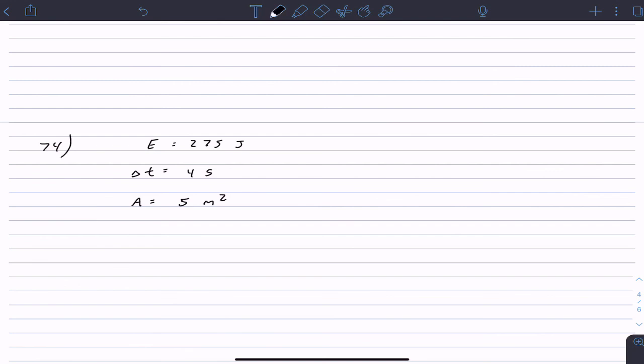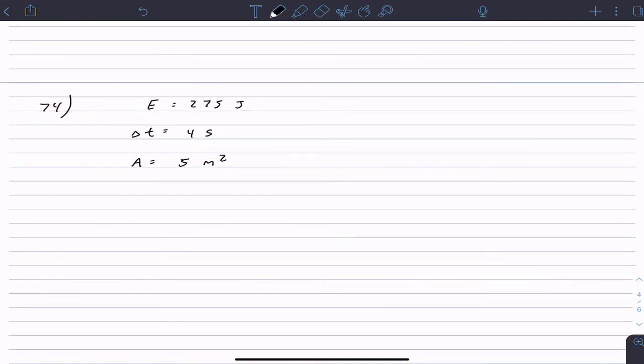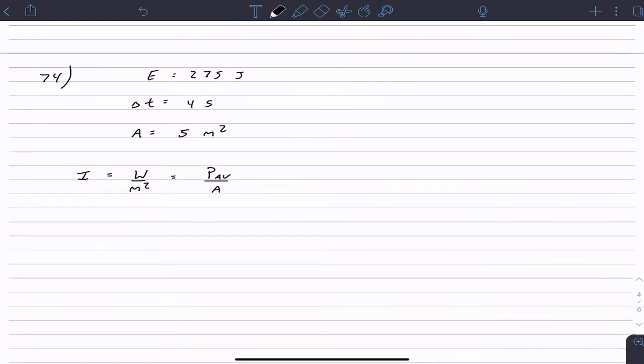So we're asked for intensity, and intensity is watts per meter squared. So it's power over an area. What we would need then is average power over area. To find average power, we can take the total energy output over the period, over the change in time.